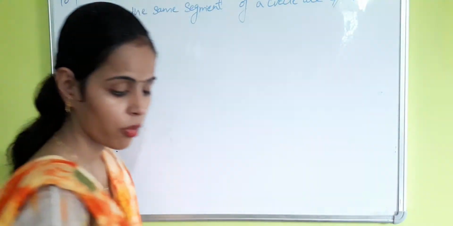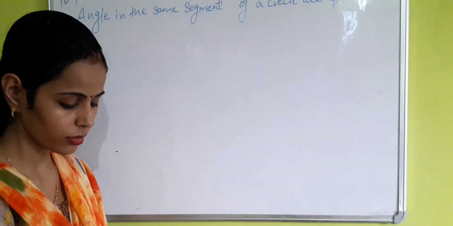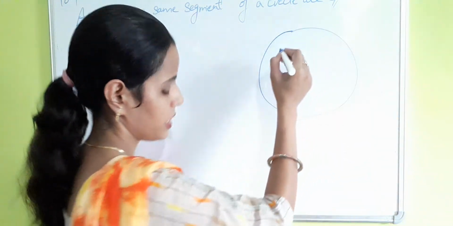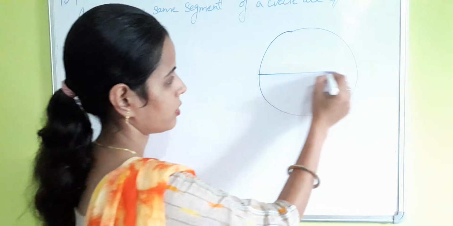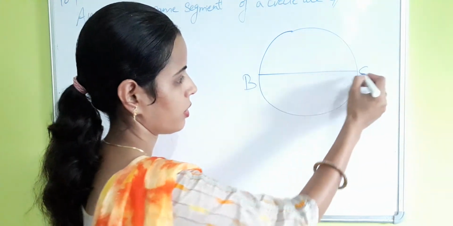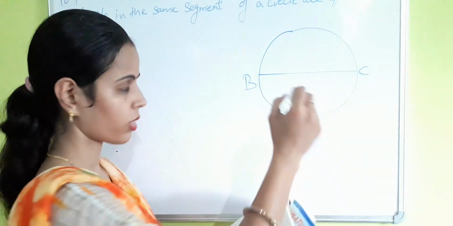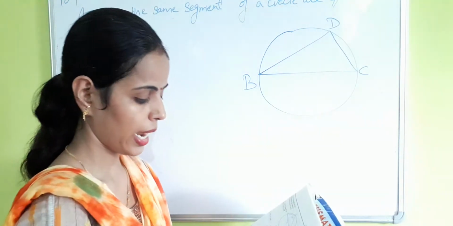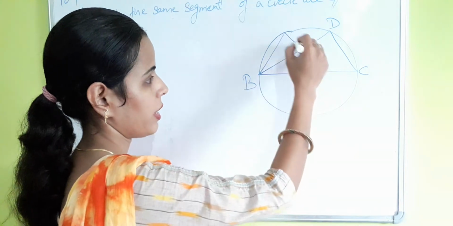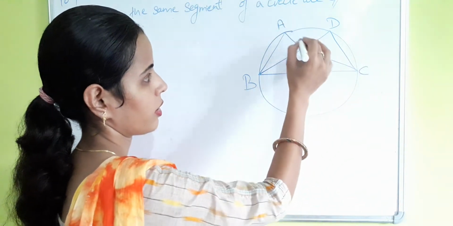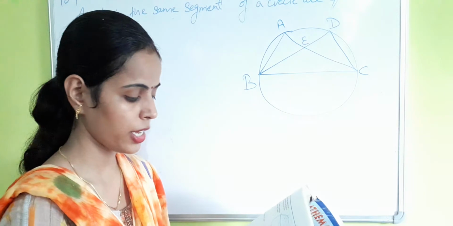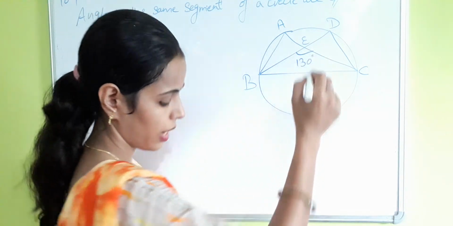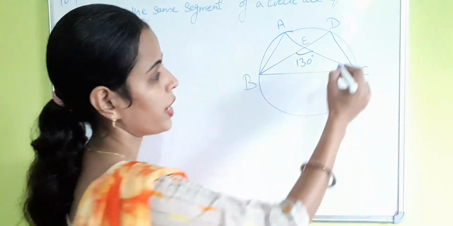Question number 5 is that a figure is given. This line BC, angle D, and this angle A. This point is E. 130 degrees and this angle is 20 degrees.